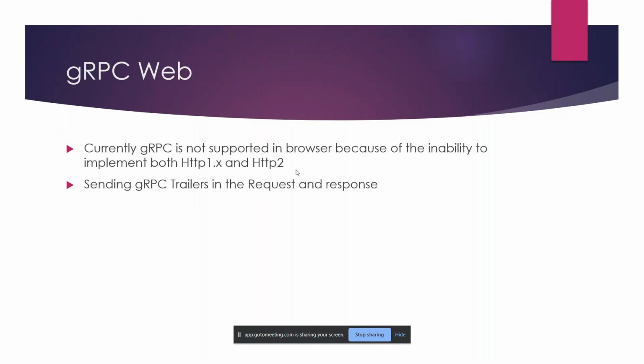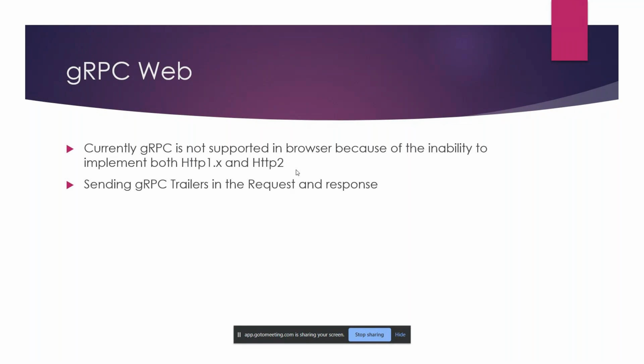So next thing is grpc web. We have consumed our grpc service in a grpc client, which is in C sharp. But currently grpc is not supported in the browser because of the inability to implement both http 1.1 and http 2.